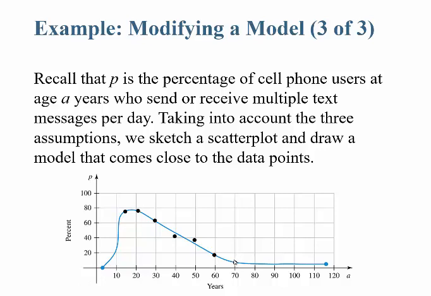So then our graph, instead of continuing down into the negatives here, bottoms out around 5% until we get to the age of the oldest cell phone user right here. And this blue line would be a better model, even though it's not a linear model, because it does a good job talking about all our assumptions, or all the new relevant data we were given.